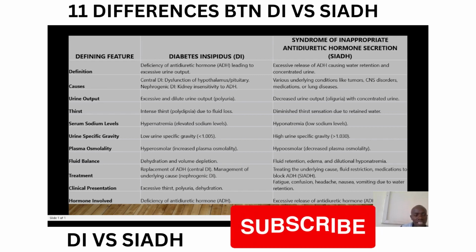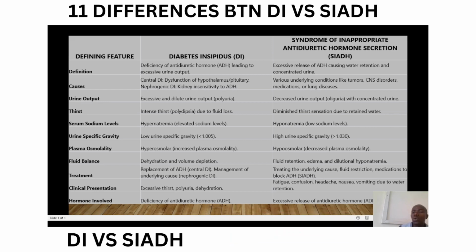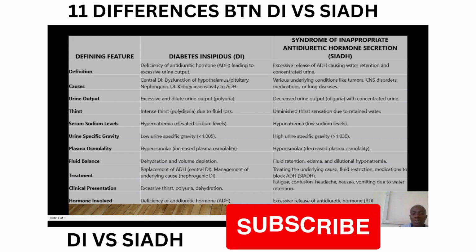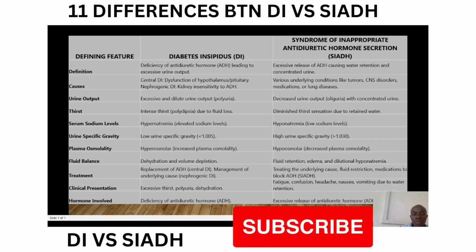What about the difference in terms of sodium levels? In diabetes insipidus, serum sodium levels are usually elevated due to water loss. You have lost water, so you have hypernatremia. But in SIADH, sodium levels are usually decreased. Somebody is going to have hyponatremia because of water retention.